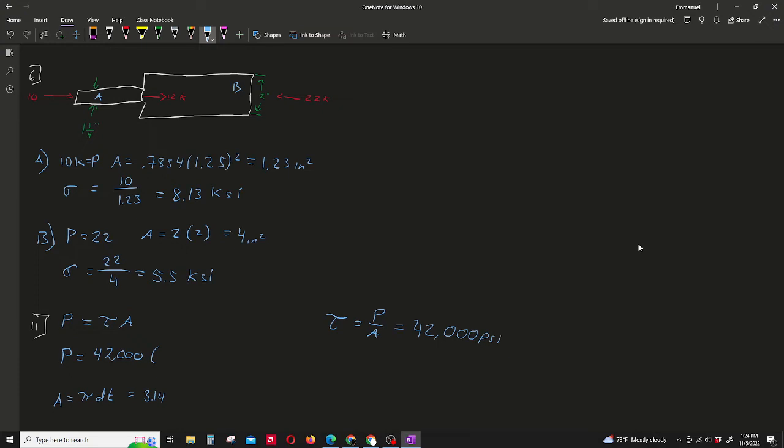But 3.14, the diameter was the 1, the thickness of the boiler plate was 0.5. So therefore we get a value of 1.571 inches squared. So I can just plug that in here. 1.571, which gives us 65,980 pounds.